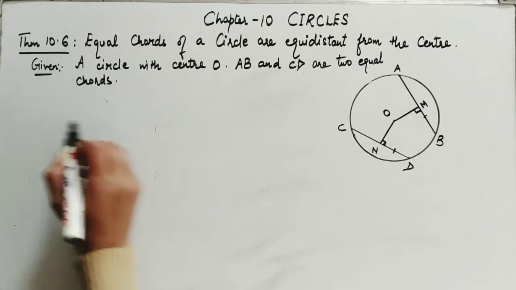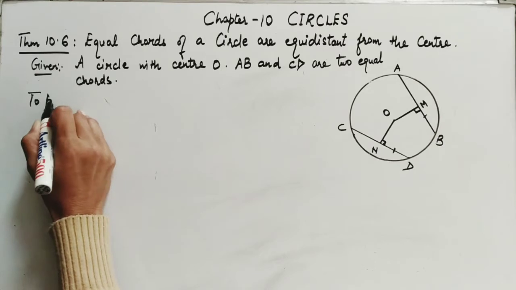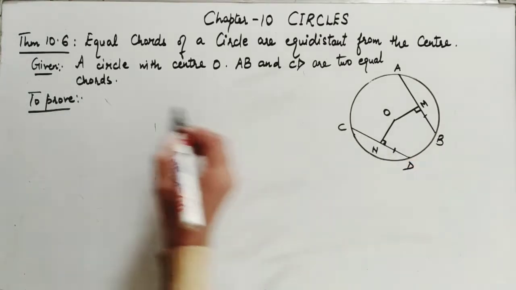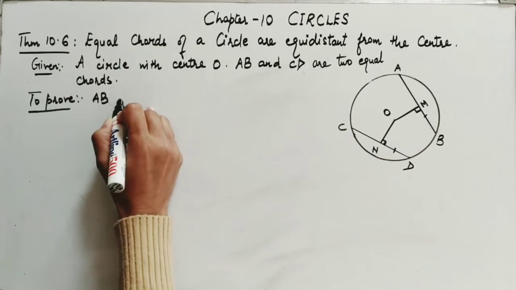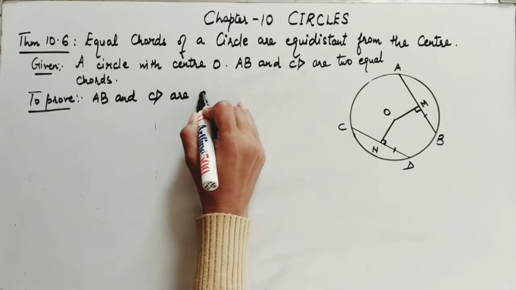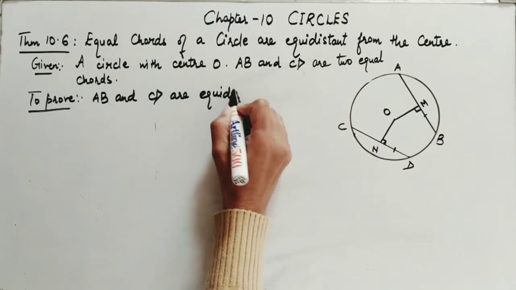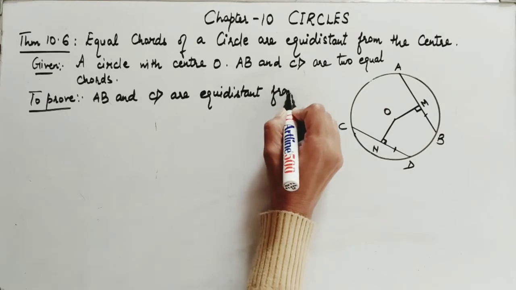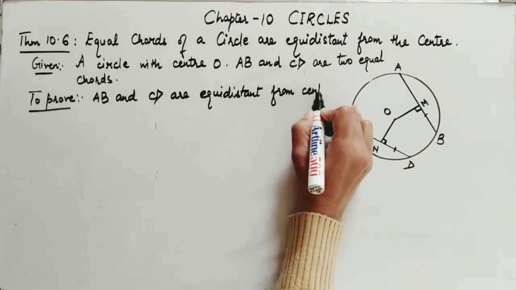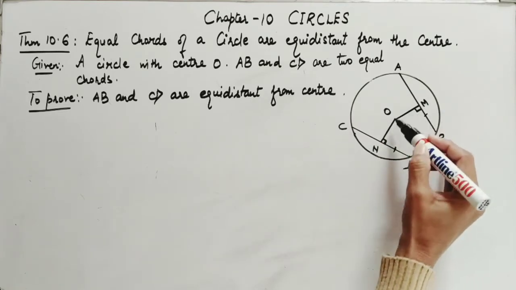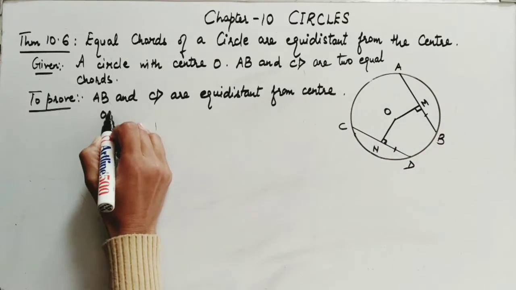Okay, this much we know, and we need to prove that AB and CD are equidistant from the center. And checking it from the figure, what can we say? We need to prove that OM and ON are equal.